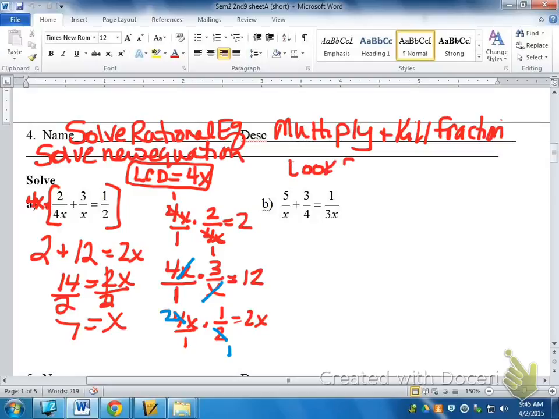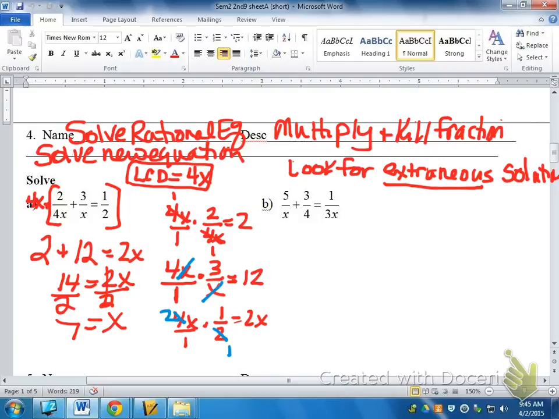Look for extraneous solutions. And what that just means is you can't end up with a 0 in the denominator of any fraction because that's completely undefined.